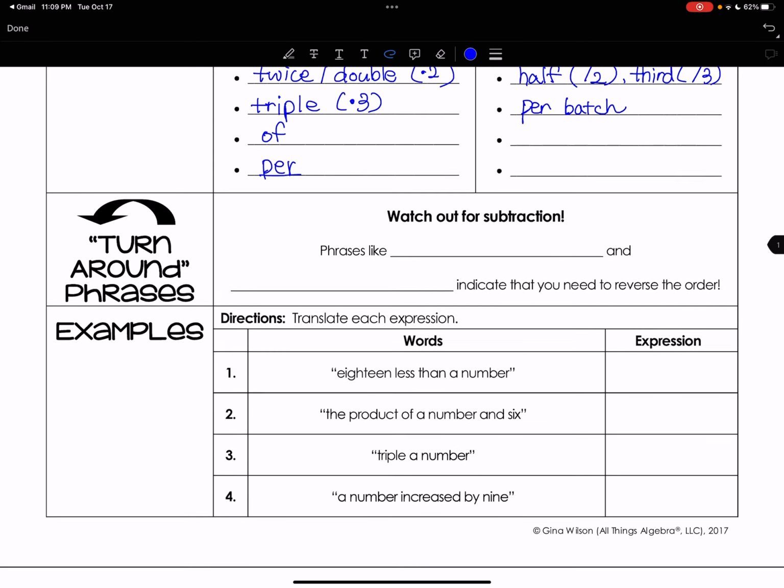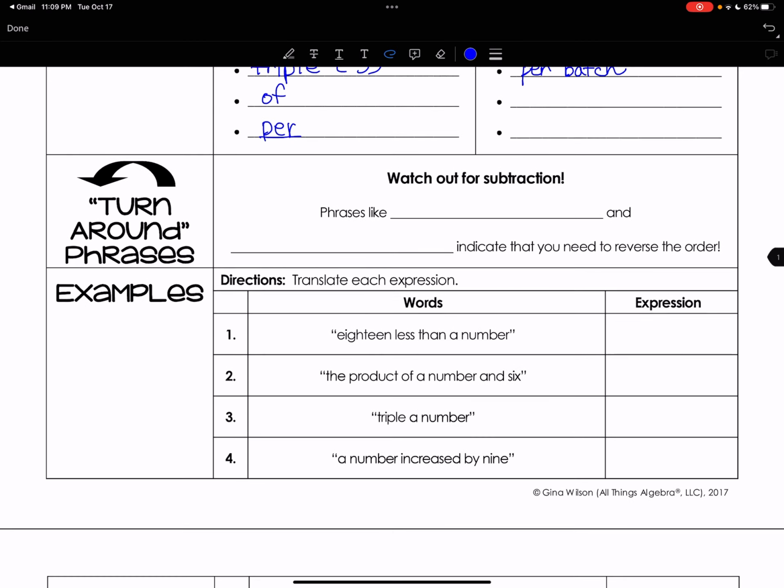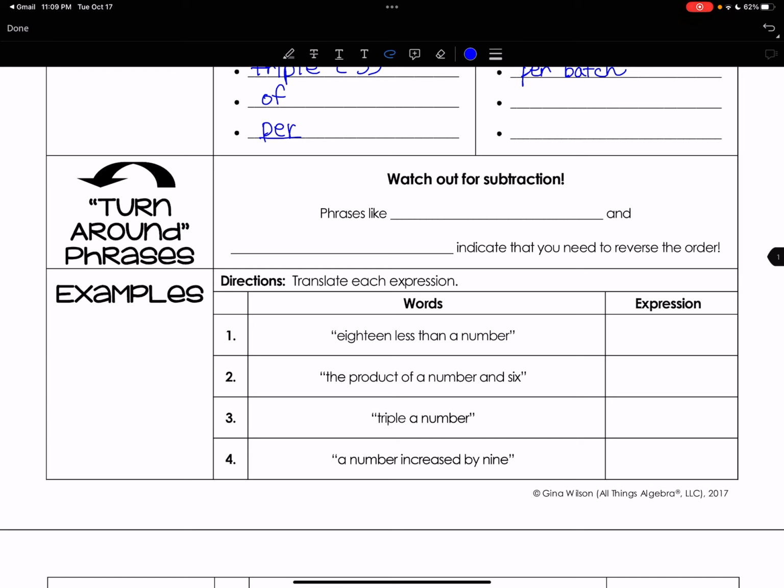Now we're gonna move on. So the next is gonna talk about turnaround phrases. So I'm gonna show you what it means by that. So let's say when you see the phrase like less than, that means you're gonna try to write the value behind then.